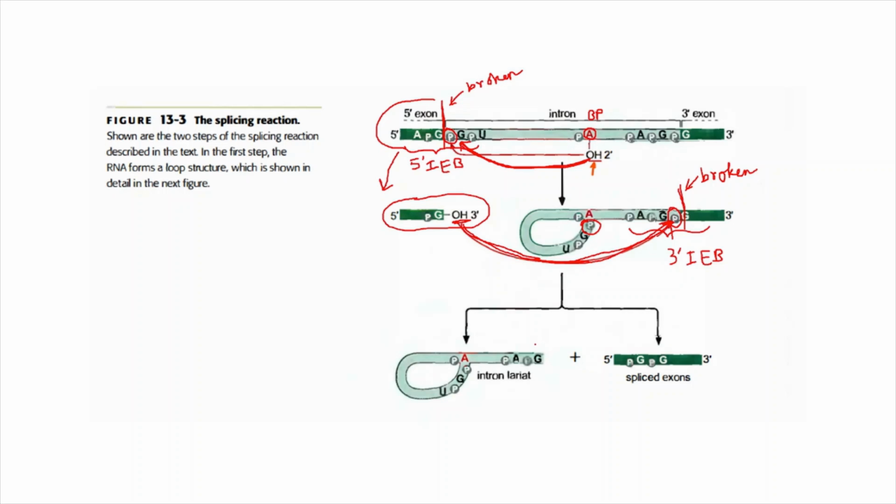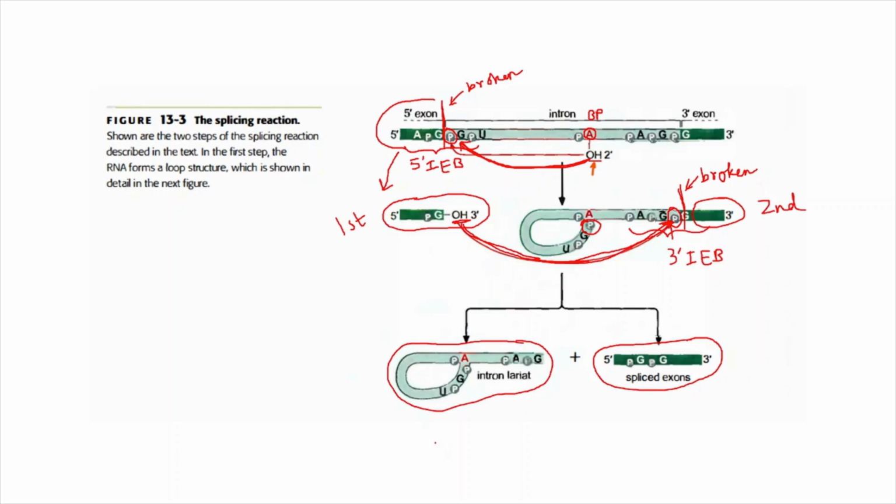So what happens? This first portion of the exon gets attached to this second portion of the exon by means of phosphodiester bond formation. So these two are now joined into a single spliced exon, and the intron is released as an intact lariat.